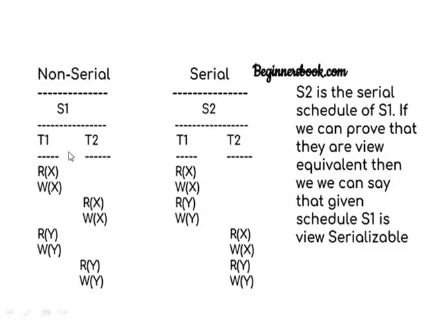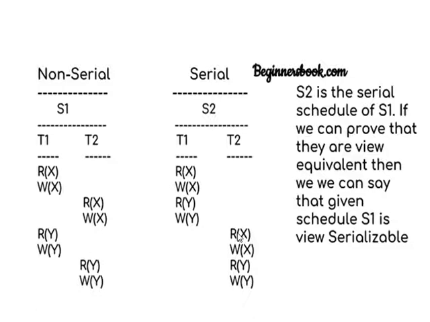In S1, the transaction T2 reads the value of X written by T1; after the write only, the read comes. In S2, the same transaction T2 reads X after it is written by T1. After updating the value of X only, the transaction T2 reads the value of X.